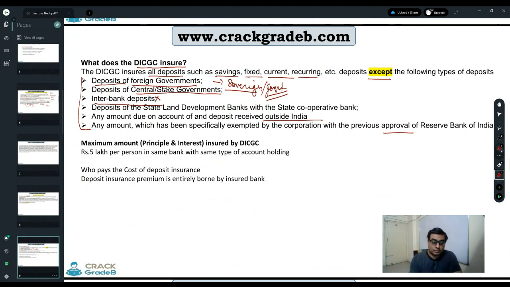Now it's very important to understand how much can be insured. 5 lakh per person in the same bank with the same kind of account holding.